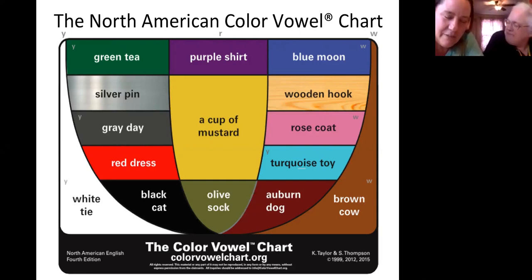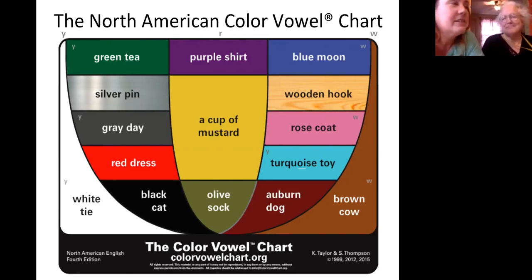So I should say the very first chart that I created was a chart without Auburn Dog in it at all. And I always like to point out how neat it is that I can even say it didn't have Auburn Dog, because she didn't used to be able to say Auburn Dog. It's to say that we even have a dialogue around this now.